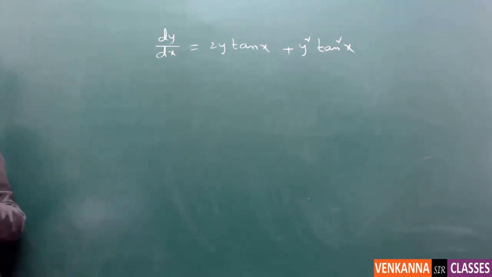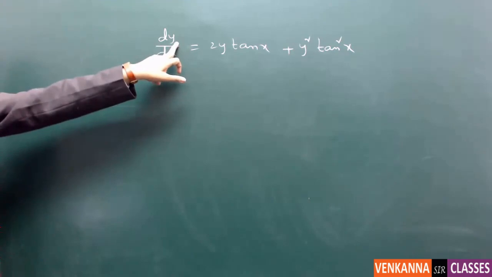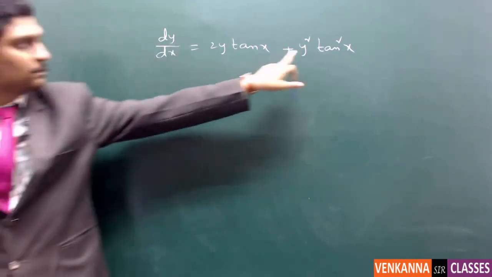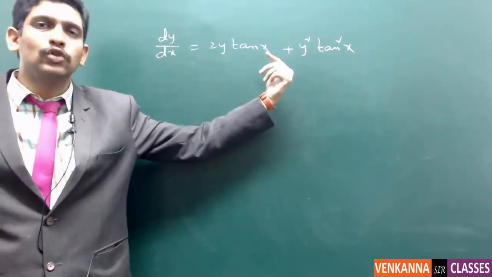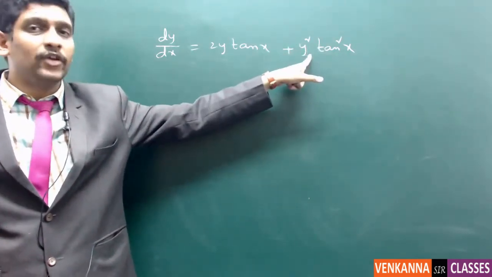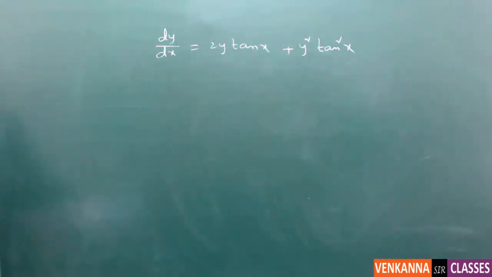In order to identify Bernoulli, the dependent variable must have a power other than 1. Since y square is present here, the dependent variable has power 2, so it is Bernoulli. That is the way to identify whether a given equation is linear or Bernoulli.